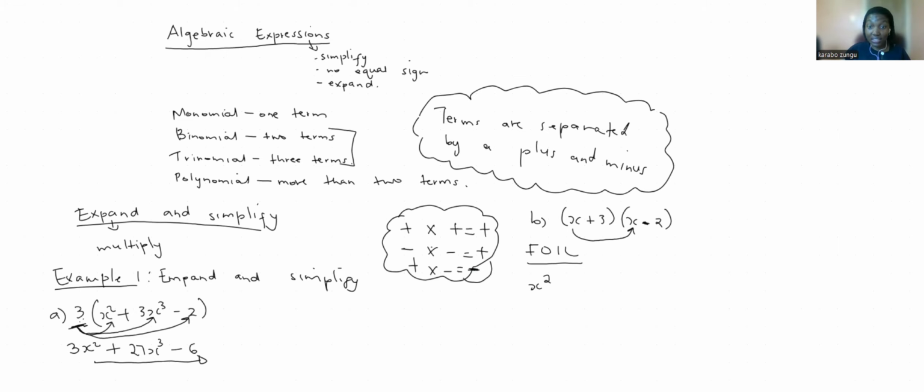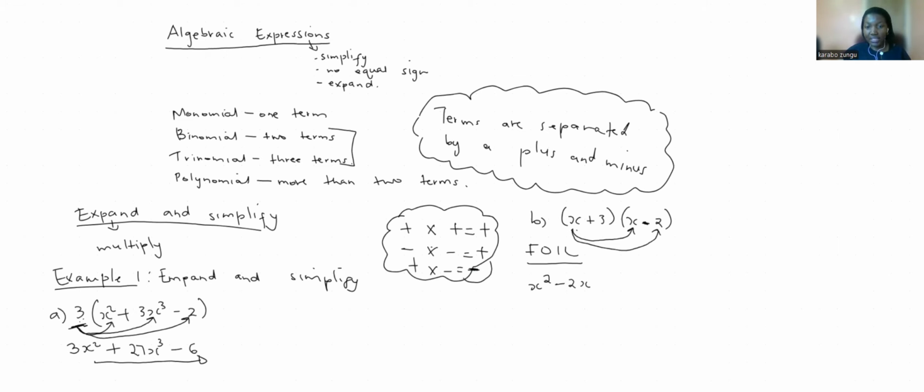This is outside. This is outside. I hope you understand this now. So x times negative 2, which is negative 2x. Remember, the x is positive, the 2 is negative. So when you multiply signs that are not the same, you get a negative.